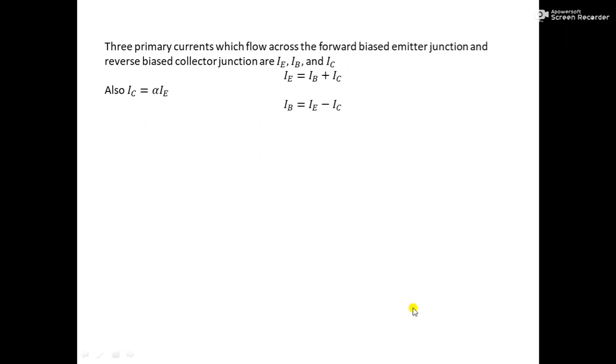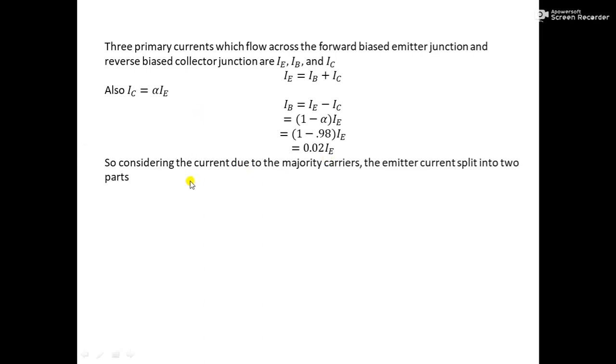From this equation we can write IB is equal to IE minus IC. Putting the value of IC, we can say that IB is equal to 1 minus alpha times IE. If alpha has a value 0.98, then IB has value 0.02 IE. That means 98% of the emitter current reaches the collector and the remaining 2% recombines at the base.